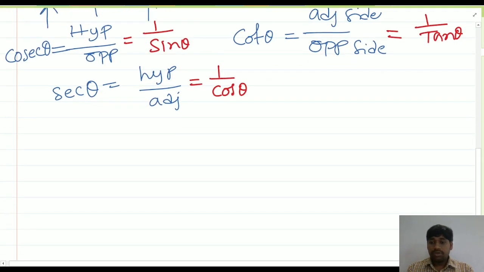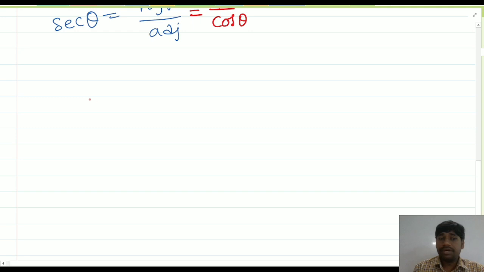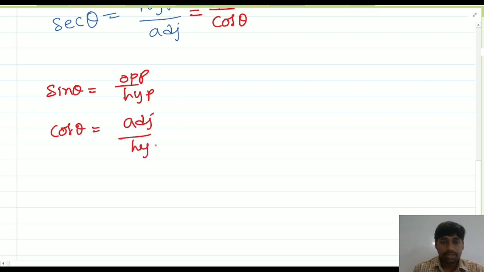Now the names we have learned till now. Sin theta is called opposite by hypotenuse. Cos theta is simply called adjacent by hypotenuse. Tan theta is nothing but simply opposite by adjacent.